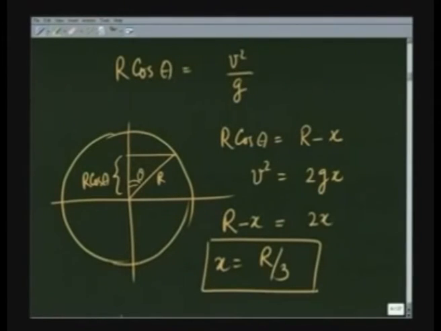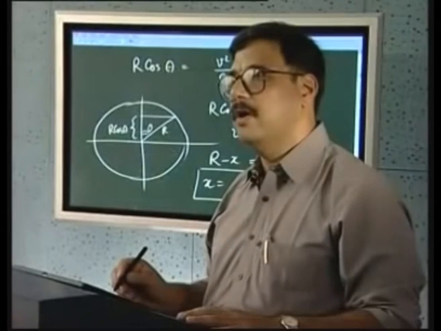So when it travels down a distance of r by 3, it is going to fly off the sphere.